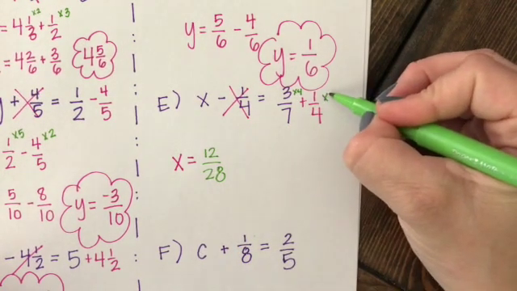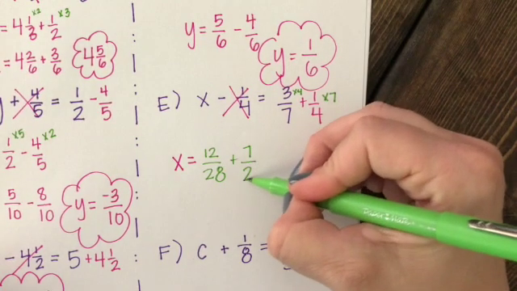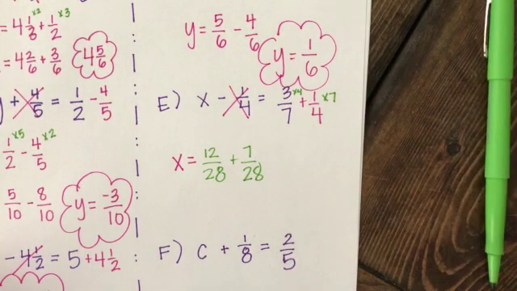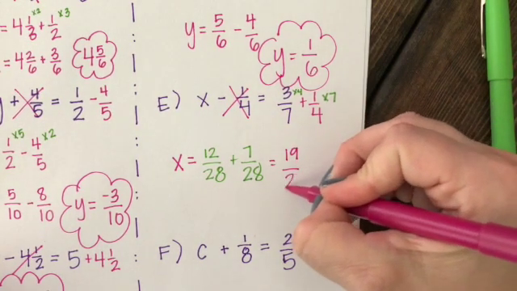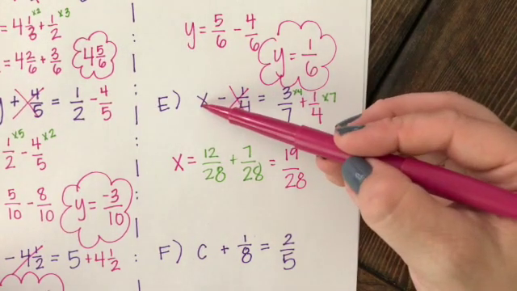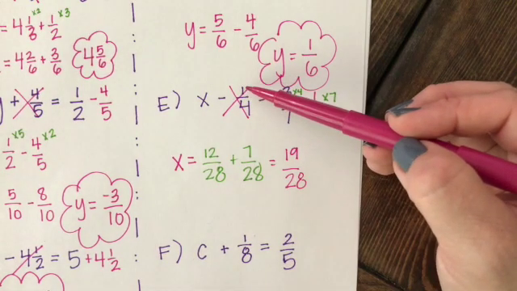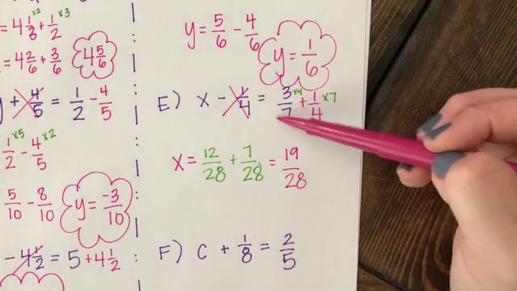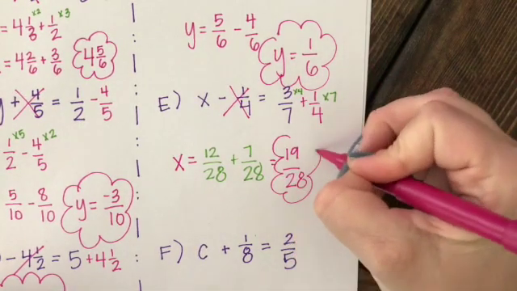And then this one I would multiply by 7 to get 7/28. So when you add those together, you get 19/28. And if we plugged it back in, 19/28 minus 7/28 is 12/28, which they're both divisible by 4, is 3/7.